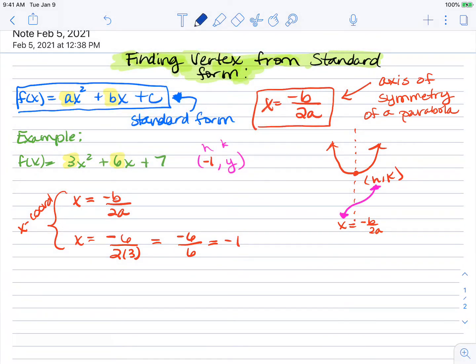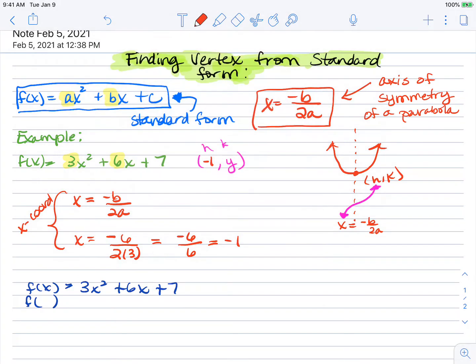I'll use blue. I'm going to take my function that was given and write it down: f of x equals 3x squared plus 6x plus 7. What I'm going to do is replace all of my x values, so this guy and this guy, with the value for x that I just figured out. So I'm really evaluating at negative 1.